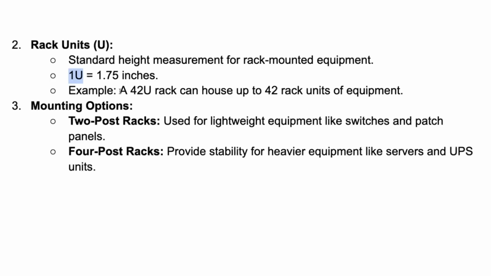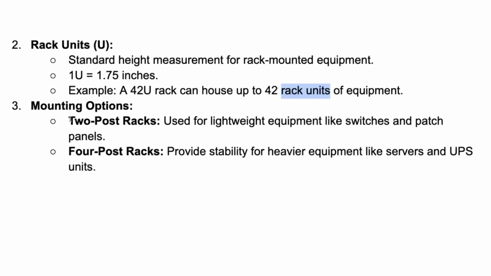The example would be a 42 unit rack. It can house up to 42 rack units of equipment, and that is how we think about rack units in general. So a 42 unit rack can house up to 42 rack units of equipment.